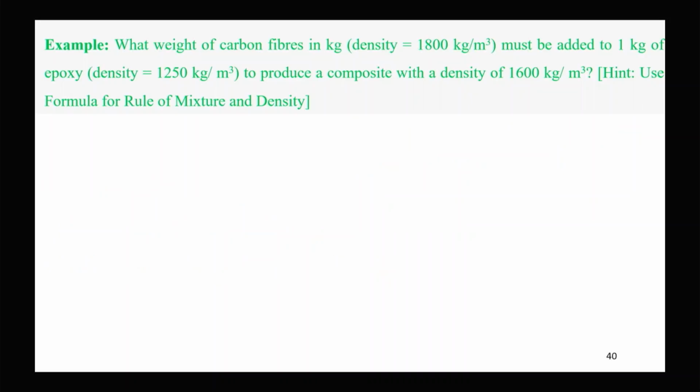Now let us try to solve a few numericals. What weight of carbon fiber in kg, with a density of 1800 kg per cubic meter, must be added to 1 kg of epoxy matrix, epoxy density being 1250 kg per cubic meter, to produce a composite with a density of 1600 kg per cubic meter?